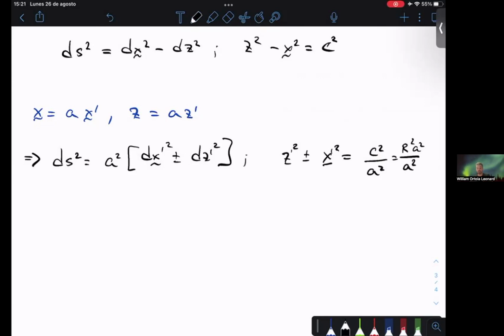Then we can renormalize our space so that the radius is equal to 1, and the whole thing is just set equal to 1. Okay, so very simple, nothing complicated, just setting the right hand side equal to 1 to make the calculations that come now a little bit easier.